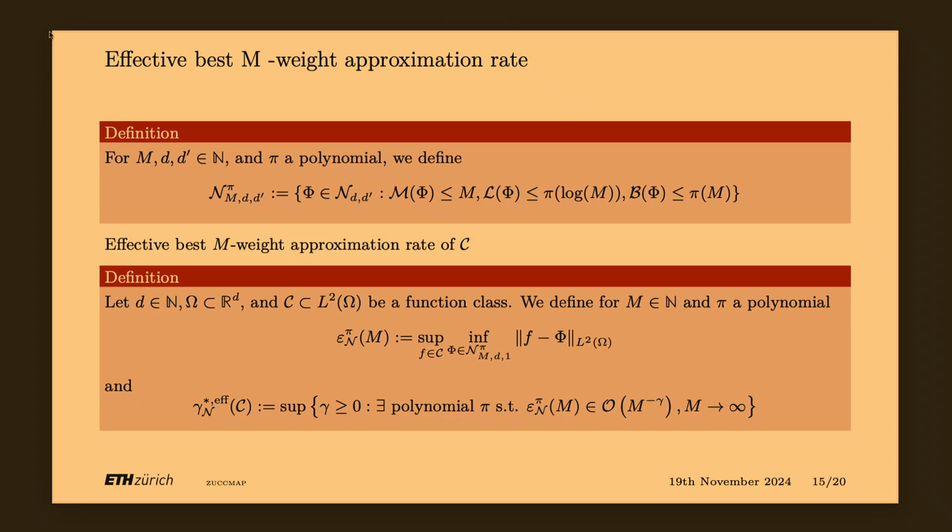And again, we can iterate and ask, does there exist a natural bound for these exponents? Does there exist a natural way of comparing the original complexity of the function class with the complexity of the function class approximated by neural networks?